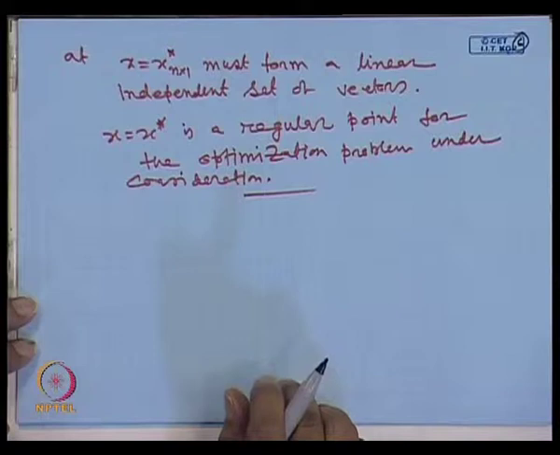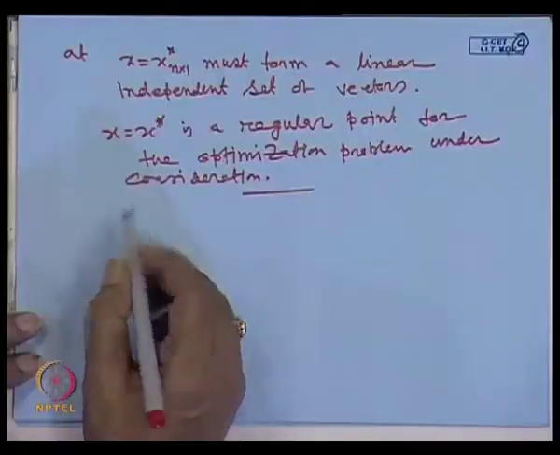That means the gradients of all equality constraints involved in h_i, as well as those involved in g_j, the active inequality constraints, meaning when g_j of x is equal to 0 at that point x star, if this set of gradients is linearly independent, then we will call it the regular point of the optimization problem under consideration. Why this is required, we will see later.